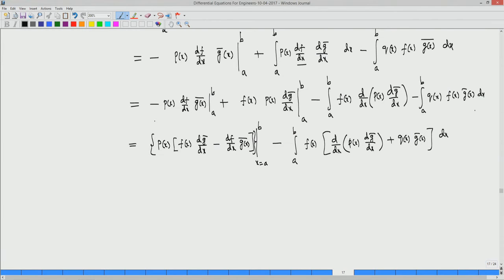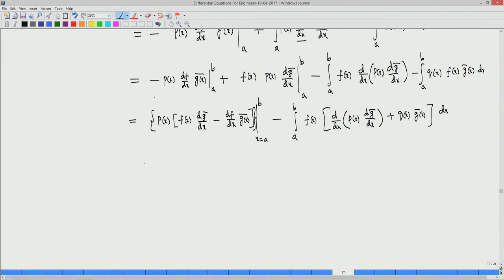So, what is this one? This is actually equal to p(x) times f g bar dash minus f dash g bar, from a to b with the limits. Then minus the integral from a to b of f(x) into, what is this one?